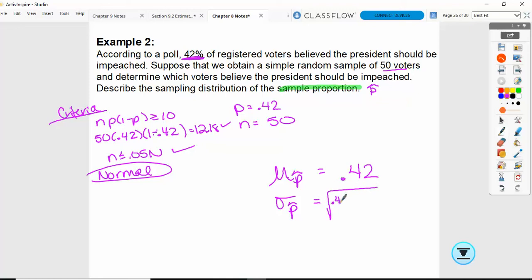Sigma, the square root of p times 1 minus p over n. Just like yesterday, let's keep a few decimal places on this so we don't have a lot of error.